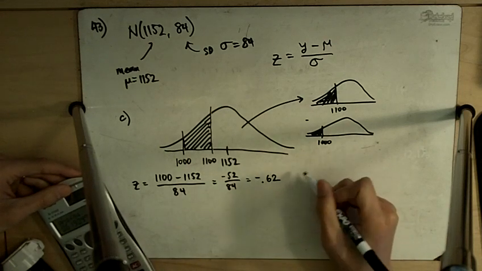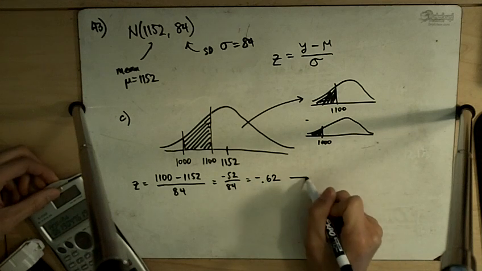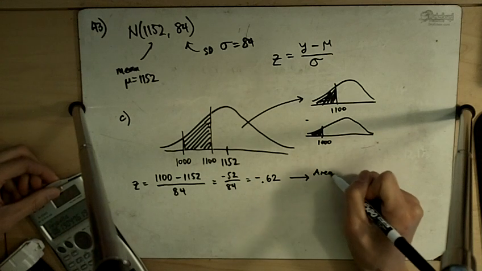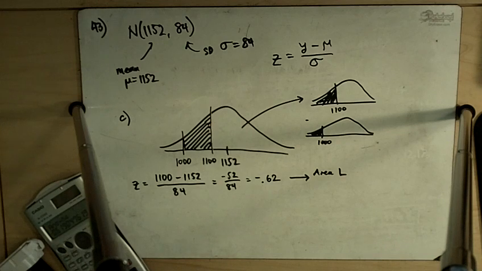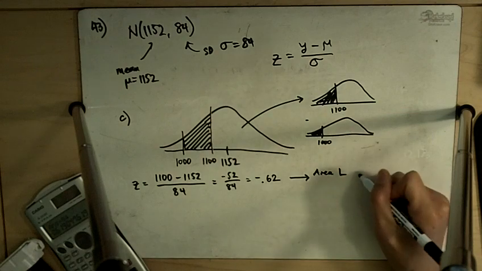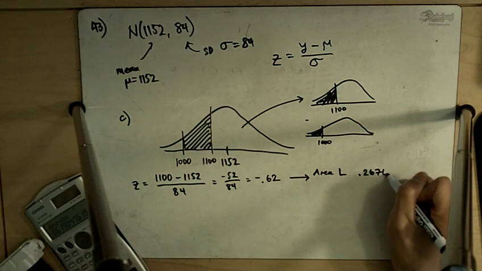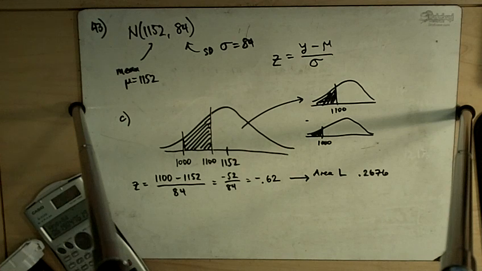We look up negative 0.62 in our z table, and the area to the left of negative 0.62 is 0.2676. That's the area to the left of 1,100.